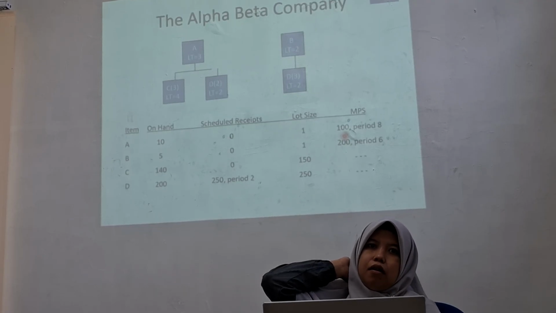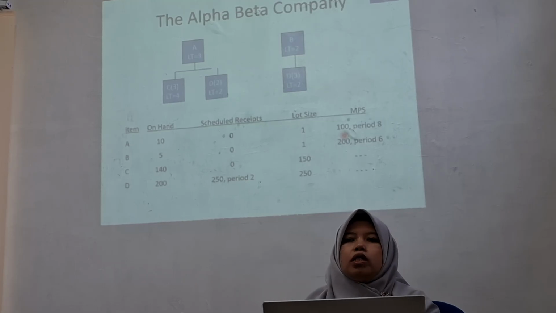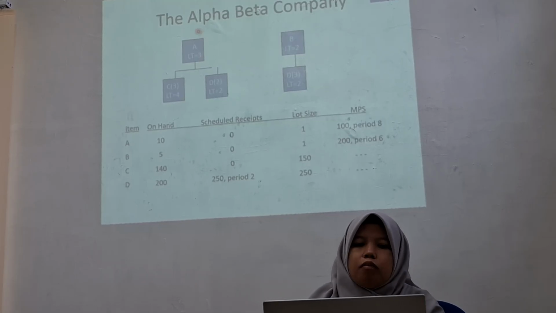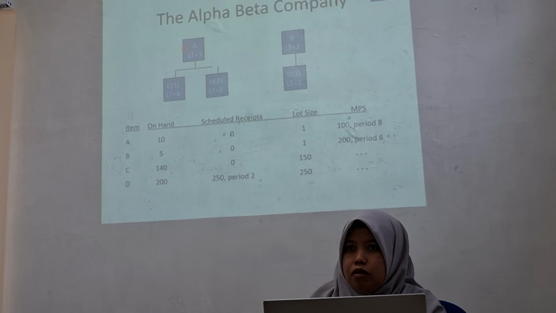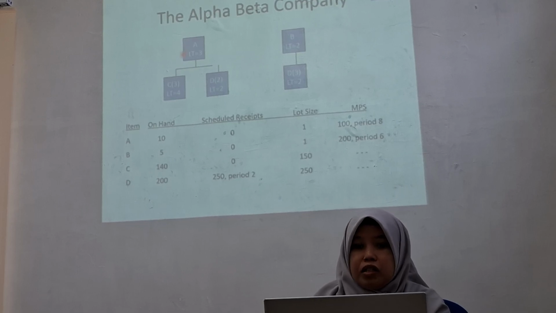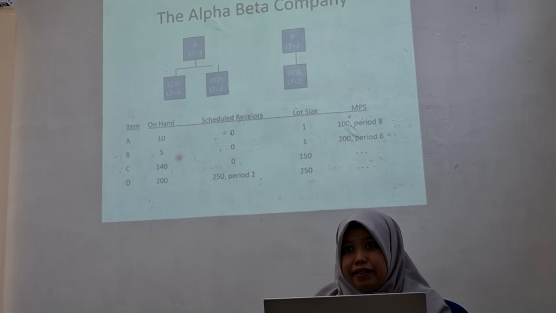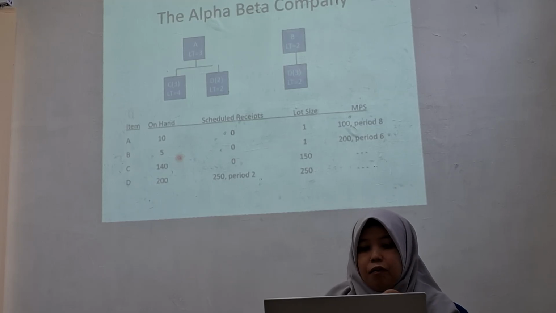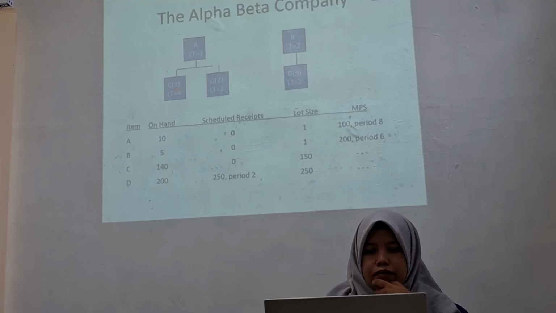How about C and D? C and D are dependent on A and B. So for both C and D, the gross requirement should be on the same period as A.